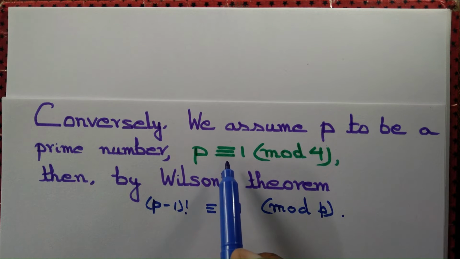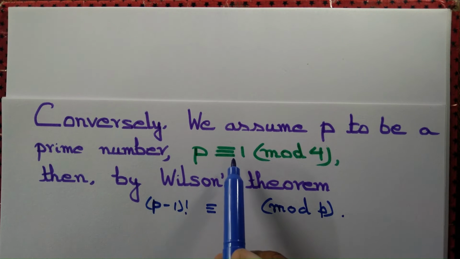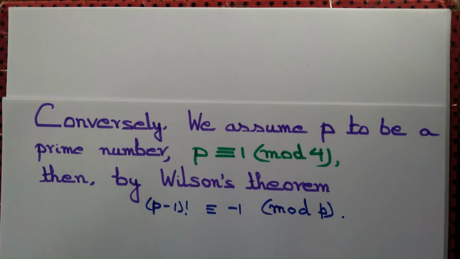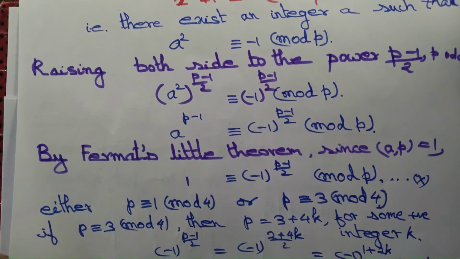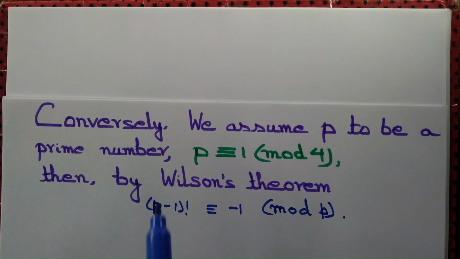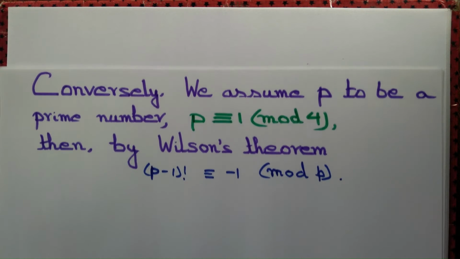We need not say p is an odd prime, because if p is congruent to 1 mod 4, then p must be an odd prime. If we look at the previous proof, we applied Fermat's theorem. Now, for the converse, we will be applying Wilson's theorem. And by Wilson's theorem, factorial (p minus 1) is congruent to minus 1 mod p.